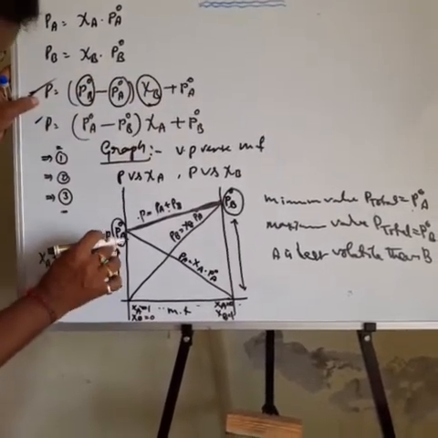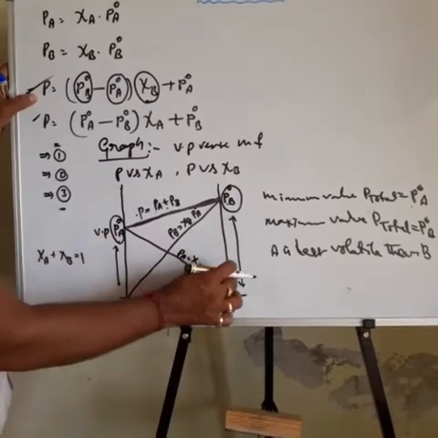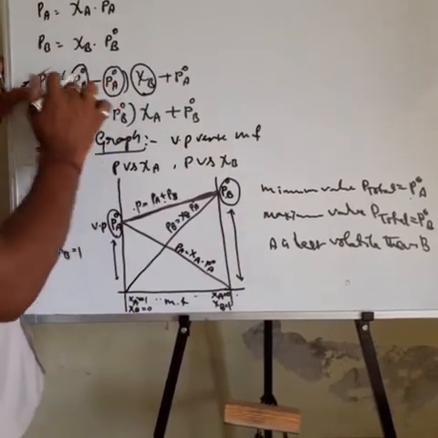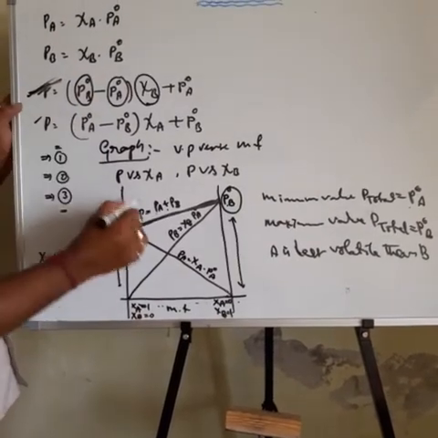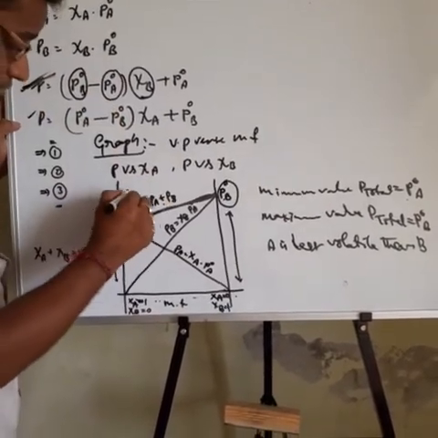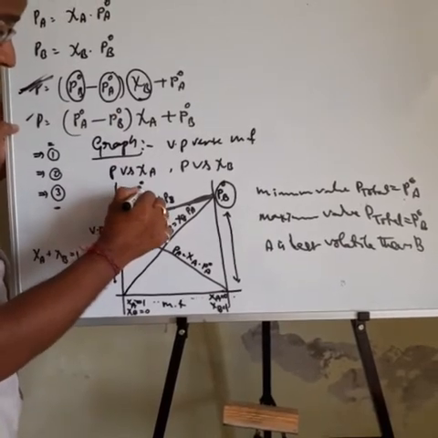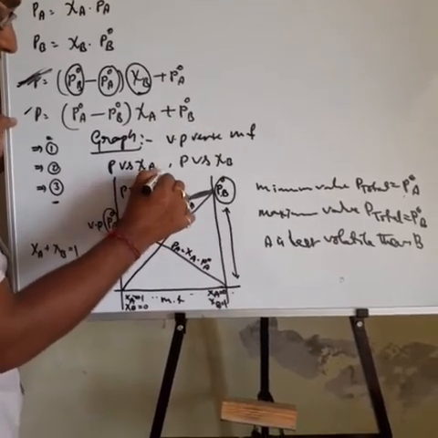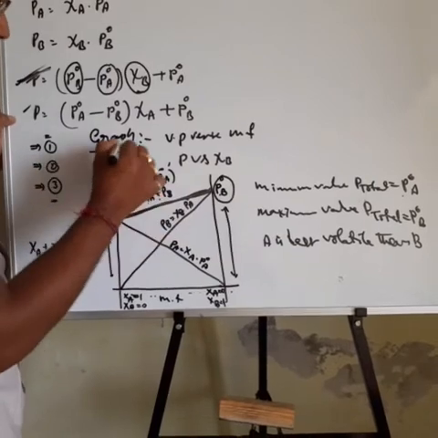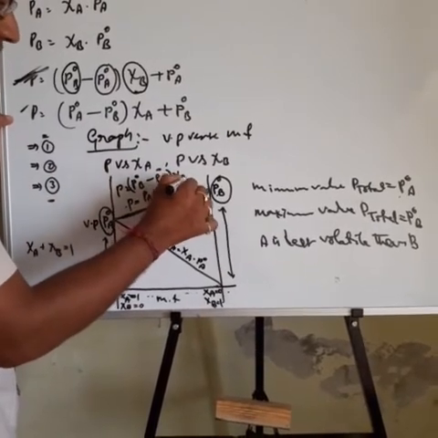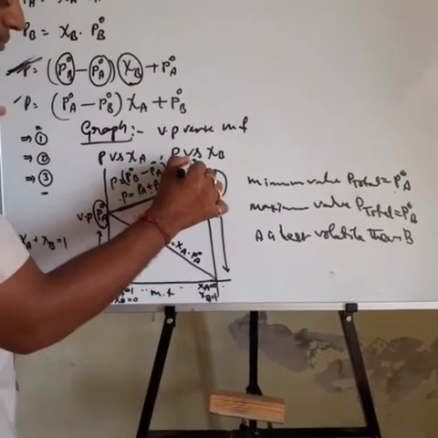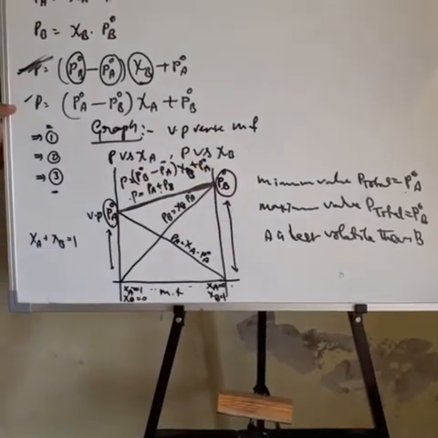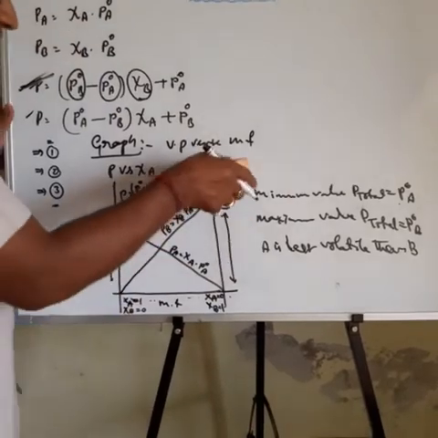That's why here A is the less value and P naught B is the more value, more minus less. So this graph belongs to this equation. So the total pressure is P equal to P naught B minus P naught A into XB plus P naught A. Okay, so this is about the graph.